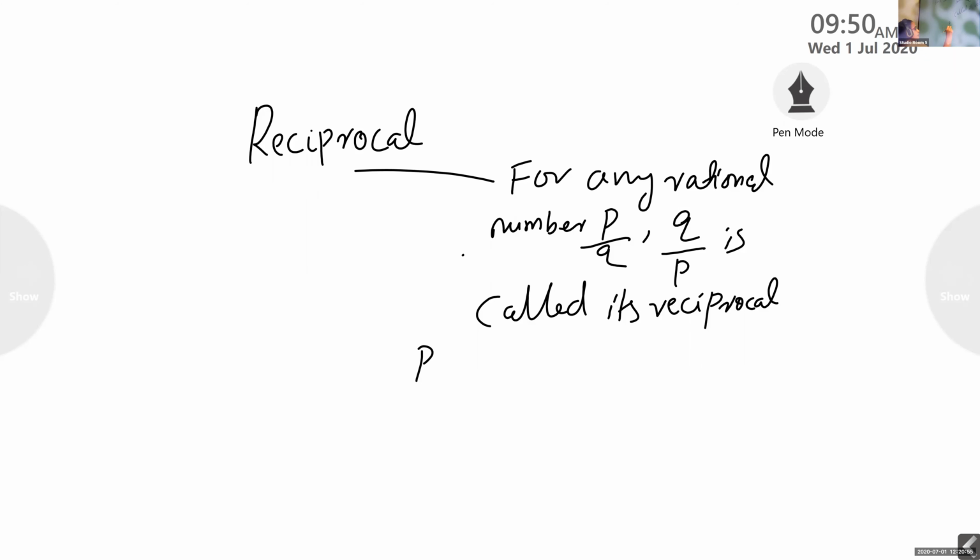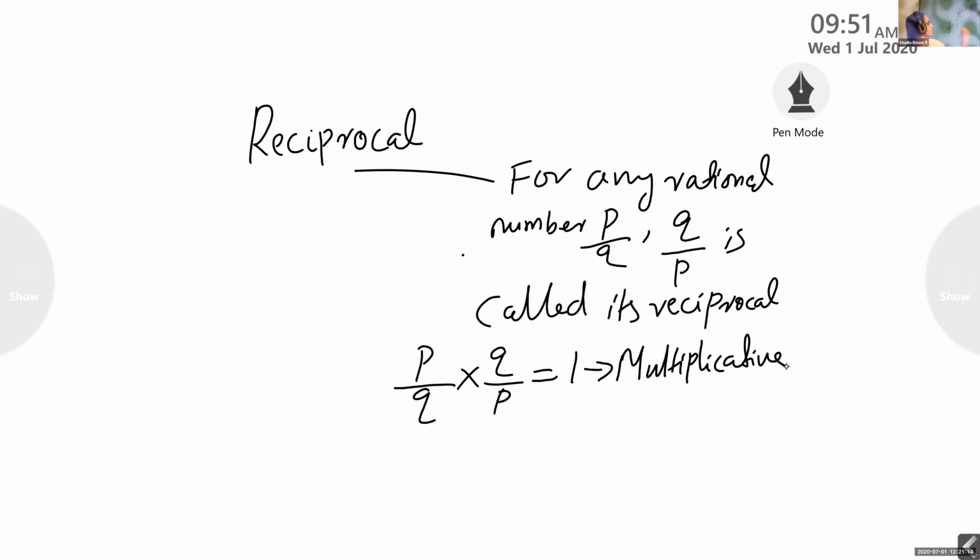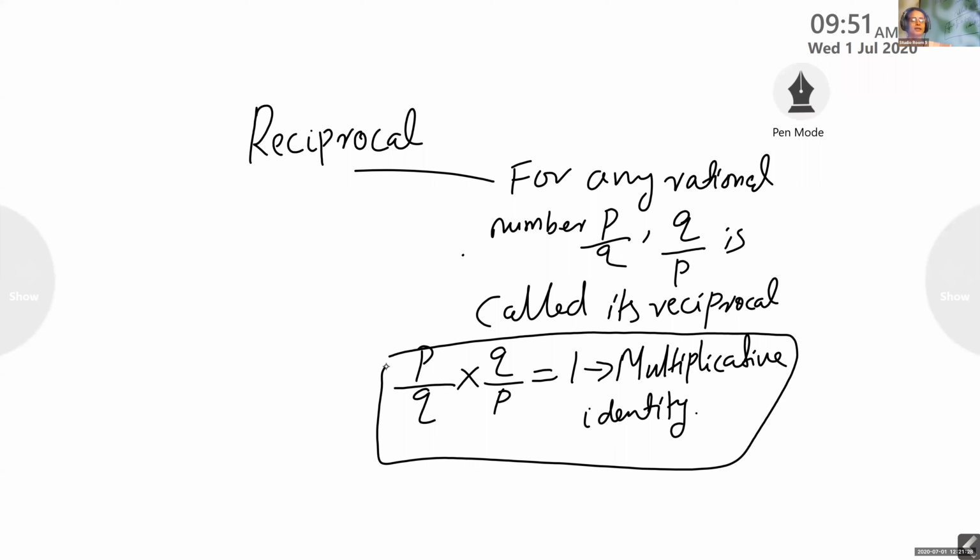And P by Q into Q by P is equal to 1. Then put an arrow and write multiplicative identity. When we multiply a number by its reciprocal, we will get the multiplicative identity, that is 1.